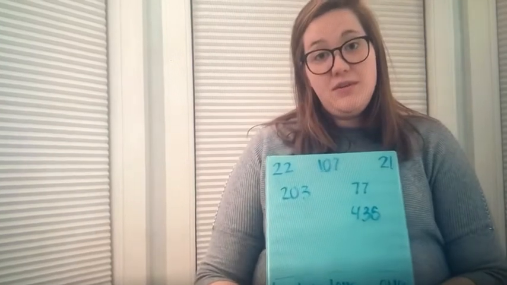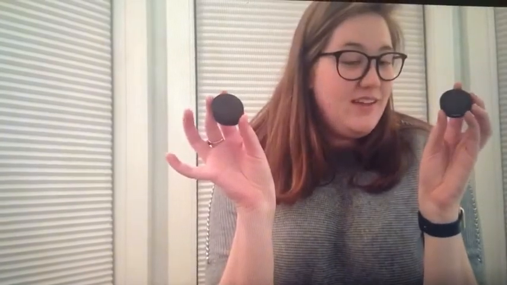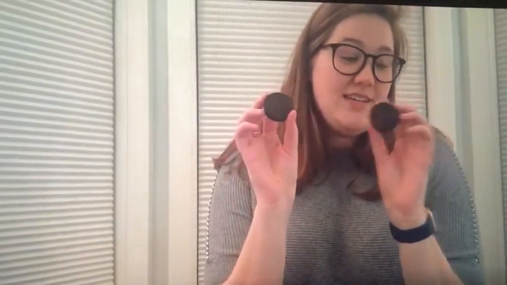And I want to show you an easier way to classify those numbers by having some fun. So I want you to pick up your Oreos, because this is when the fun comes in. You could use these to classify your digits.